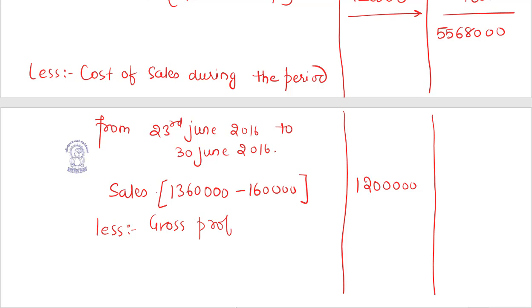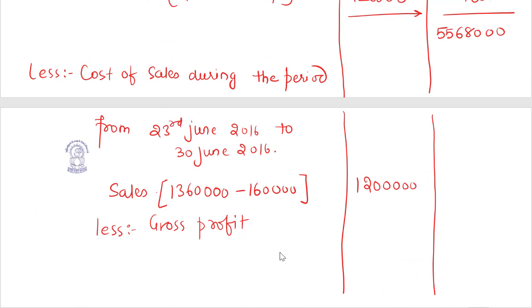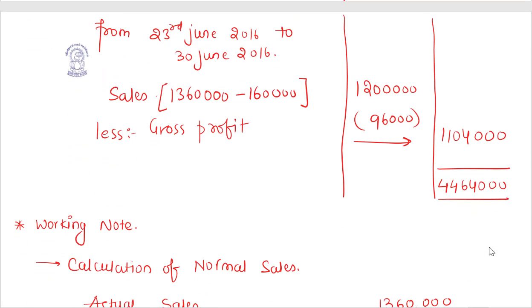Gross profit we have calculated in working note 2, 96,000. 12 lakh minus 96,000 is 11 lakh 4,000. 55 lakh 68,000 minus 11 lakh 4,000 is 44 lakh 64,000.